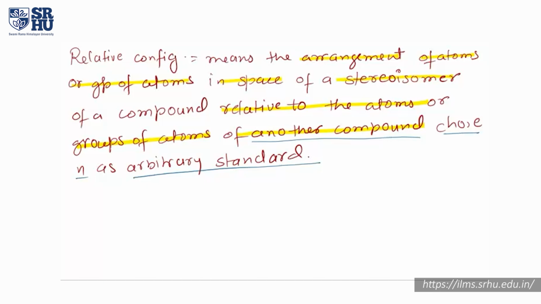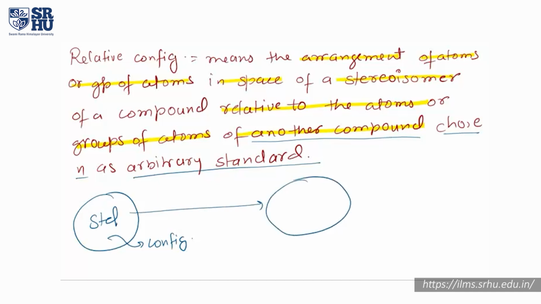Let me make you understand in a shorter way. We have a standard compound. It has some kind of configuration, and its configuration is known to you. Now, somehow your compound is related to this standard, and the configuration of this standard is assigned to your compound. Because your compound is related to the standard, your compound has the same configuration as that compound.